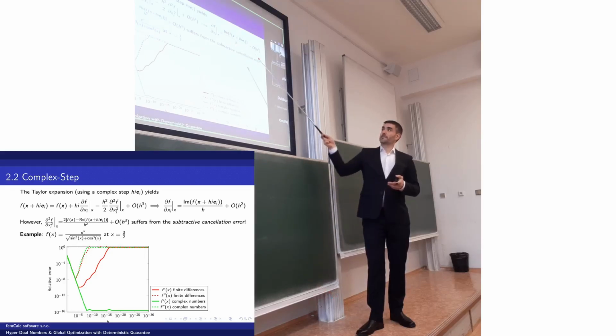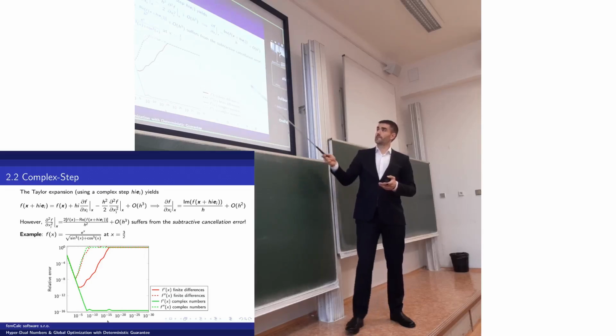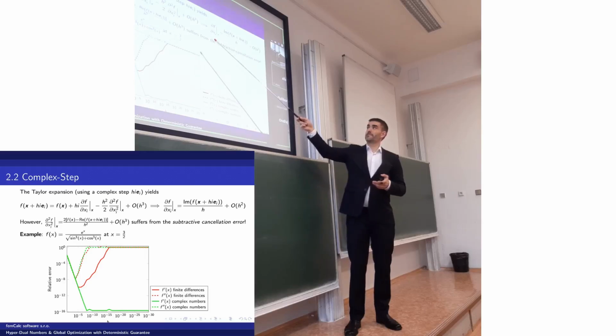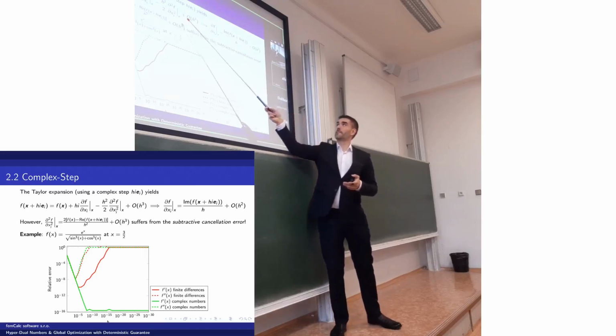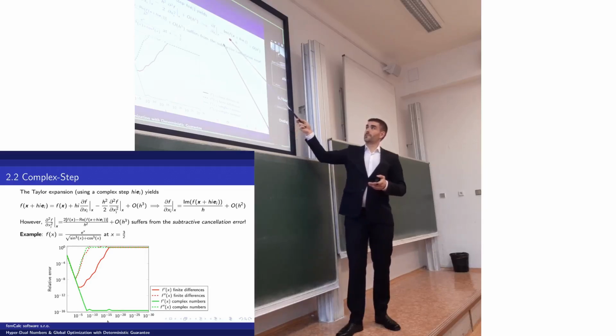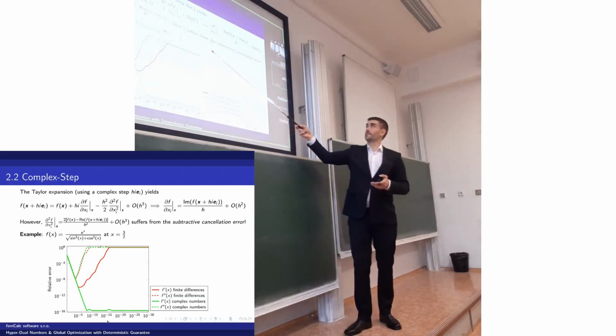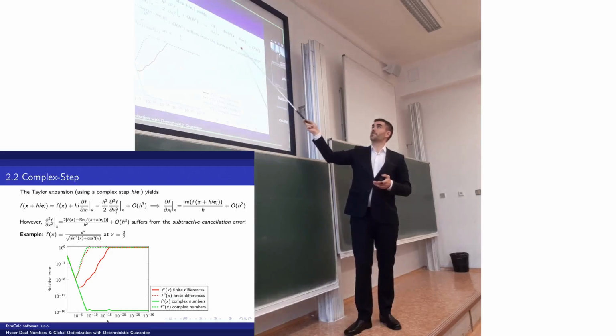Then you proceed with the standard Taylor series, and you see that on the right hand side every odd term is real and every even term is imaginary. So if you do truncation and then take the imaginary projection of this equation, you immediately get the formula for the first order derivative.